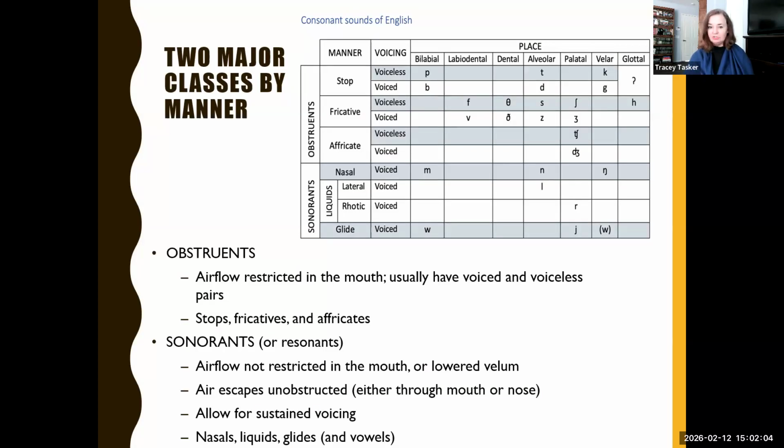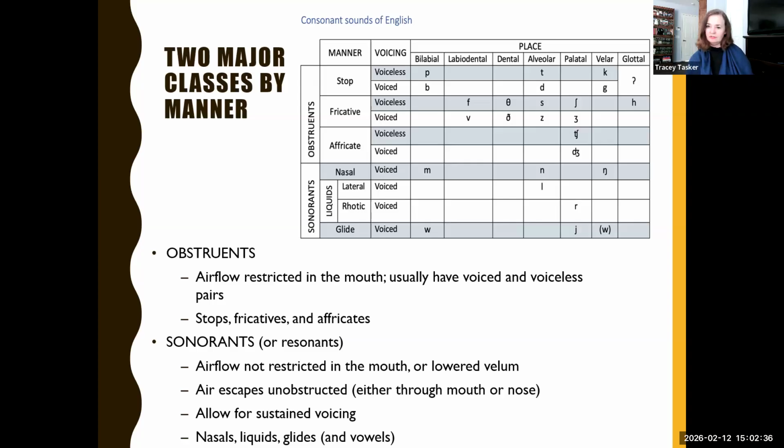As I mentioned before, and you can see in the chart, these two major classes in manner are obstruents, so vocal constriction, airflow is being restricted, versus sonorants. And when we talked about these, we talked about as we go down this chart, the airflow becomes less and less restricted.